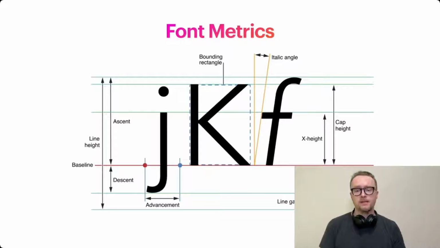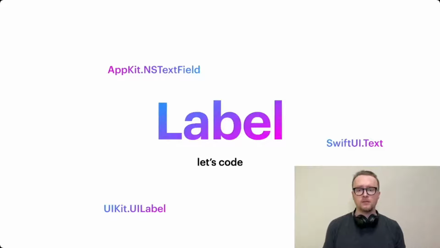As you can see, there's a baseline. Baseline is not on the bottom, it's a little bit upper. A baseline is like the bottom of a rectangle, but it's not the bottom. Baseline is the line that the font designer uses as a base for all the glyphs, all the letters. This is the most important. Let's try to build a label.